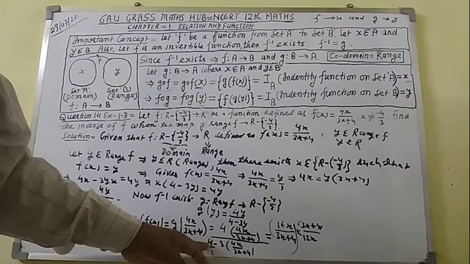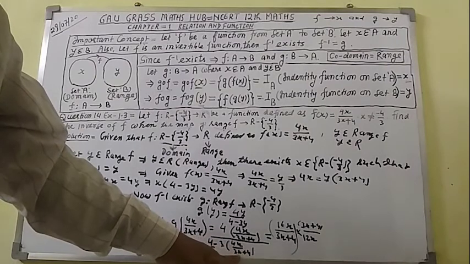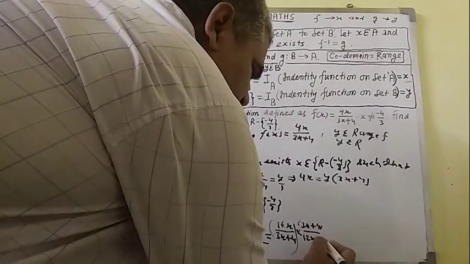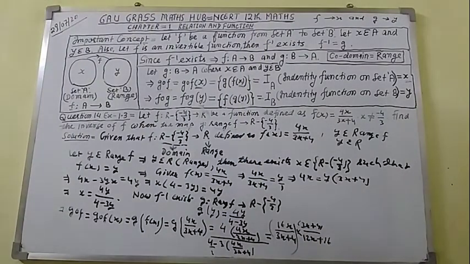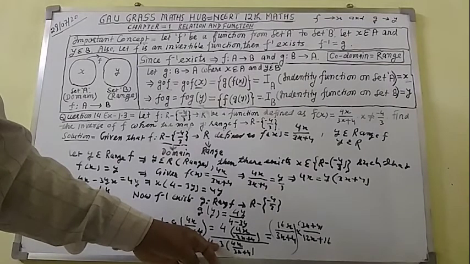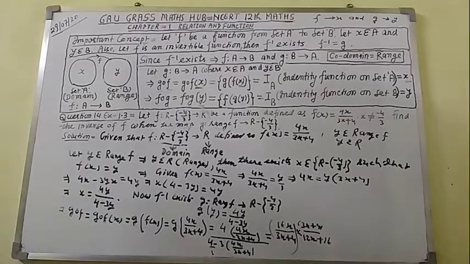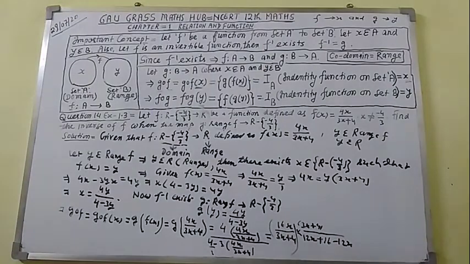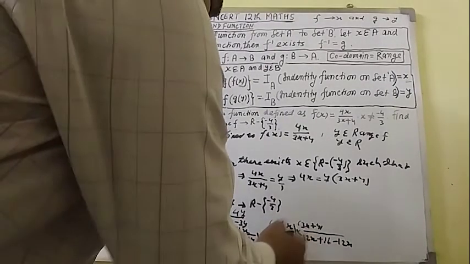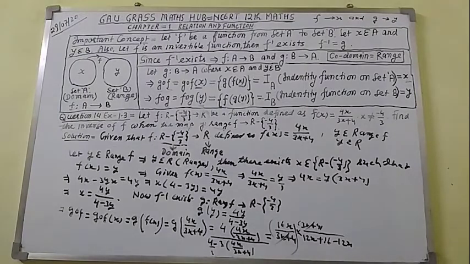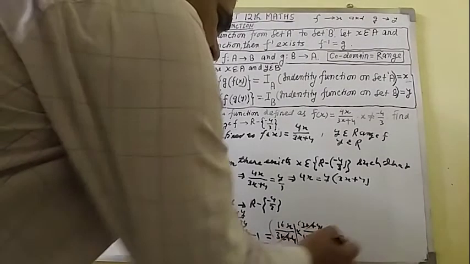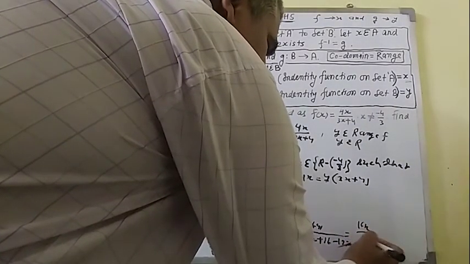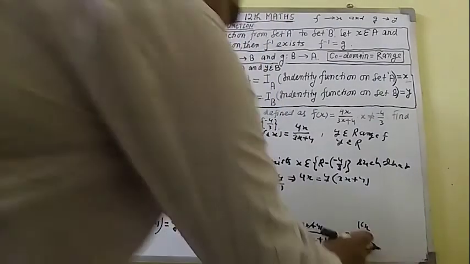Here we will get 12x plus 16, and now here is minus 12x. Plus 12x and minus 12x are crossed out, so here you will get 16x over 16.